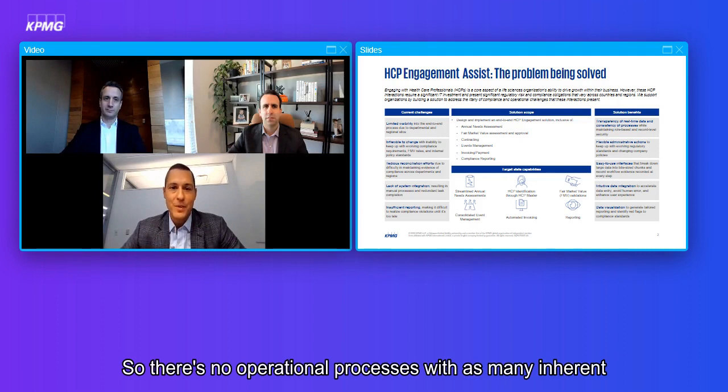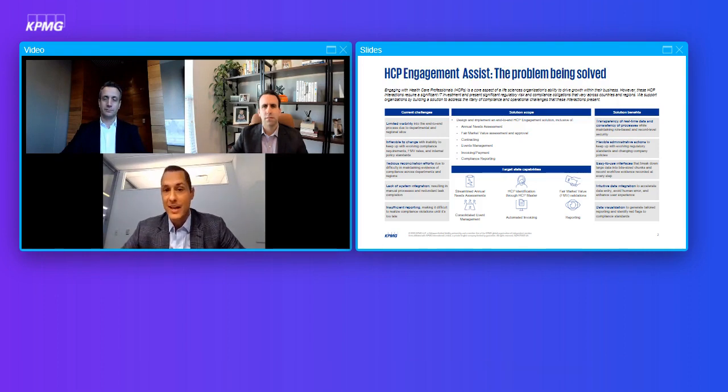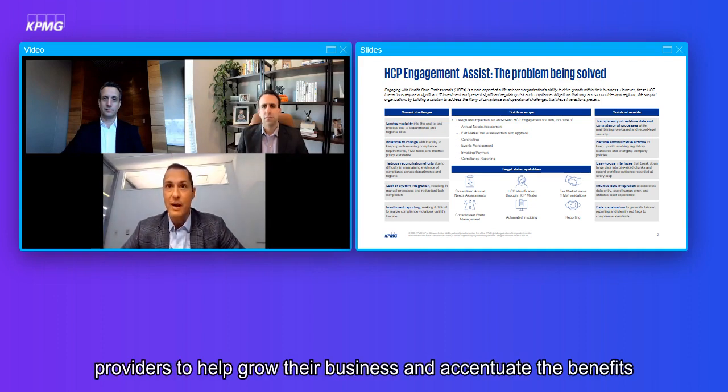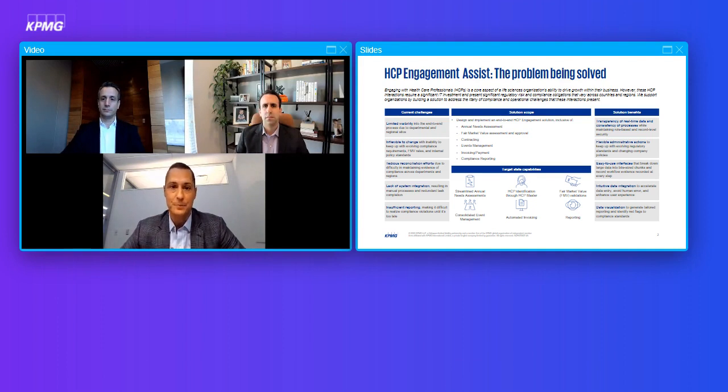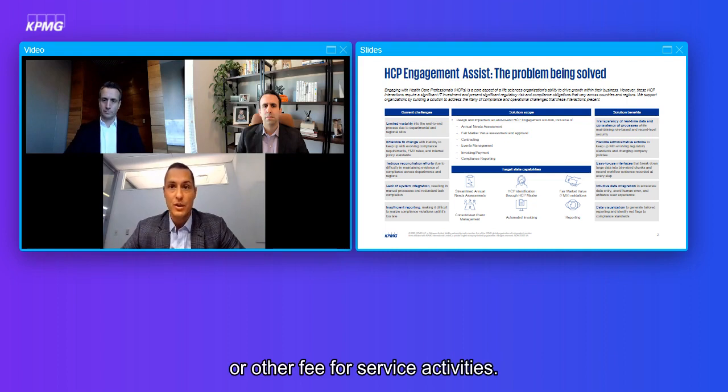Hi, everyone. So there's no operational processes with as many inherent compliance risks as those involving HCP engagement. Life sciences organizations routinely contract with and engage with healthcare providers to help grow their business, and accentuate the benefits of their products. And this can be through speaker programs or advisory boards or other fee-for-service activities.